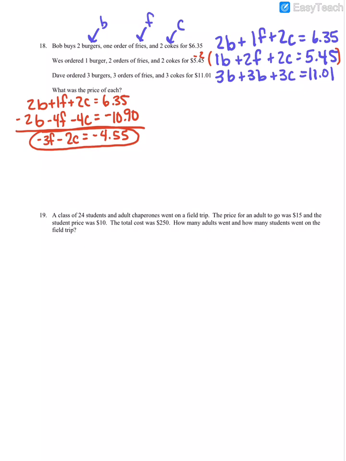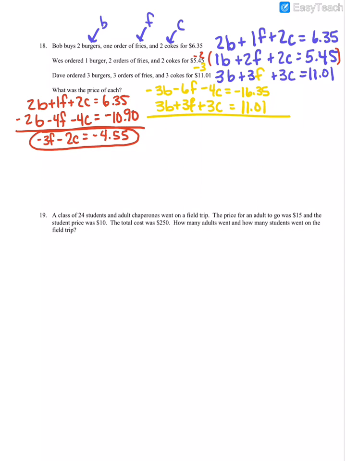Now I'm going to work with the bottom two, and when I do that, I'm going to multiply by -3. So -3B minus 6F minus 4C is equal to -1635, and 3B plus 3F, golly, that's supposed to be an F, plus 3C is equal to 1101.